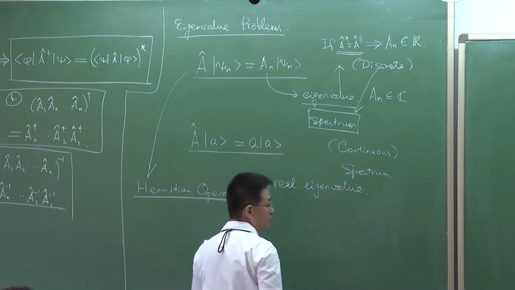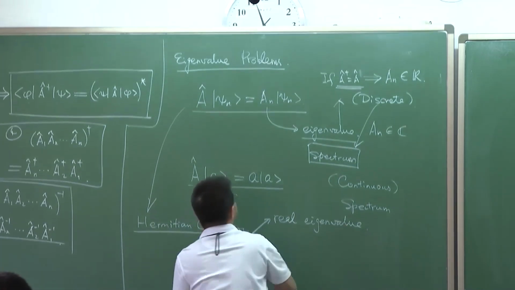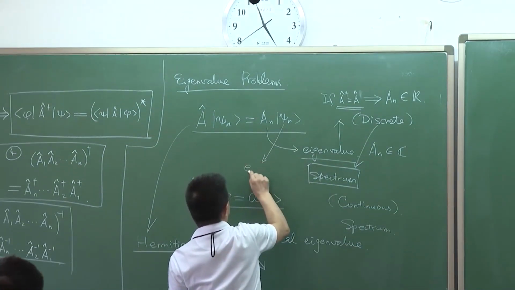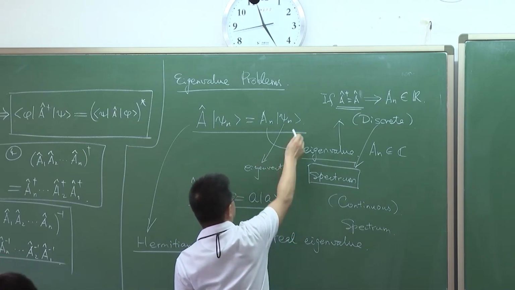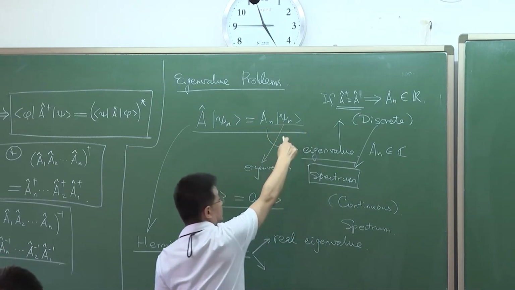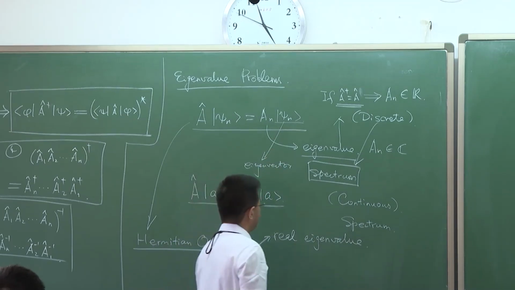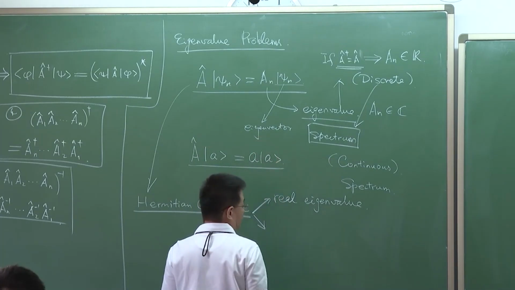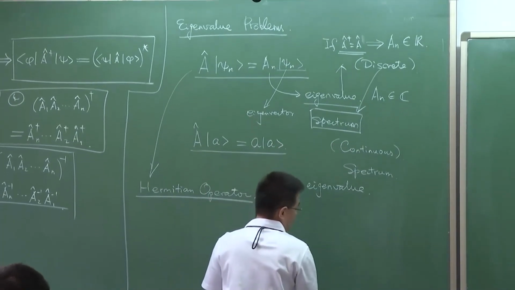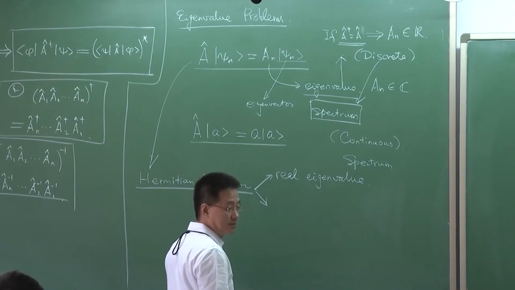And also we know that this is the eigenvector. And for the eigenket, because this is a ket, the eigenvector here is called the eigenket. All of the eigenvectors, or eigenstates, or eigenkets, constitute an orthonormal and complete basis.